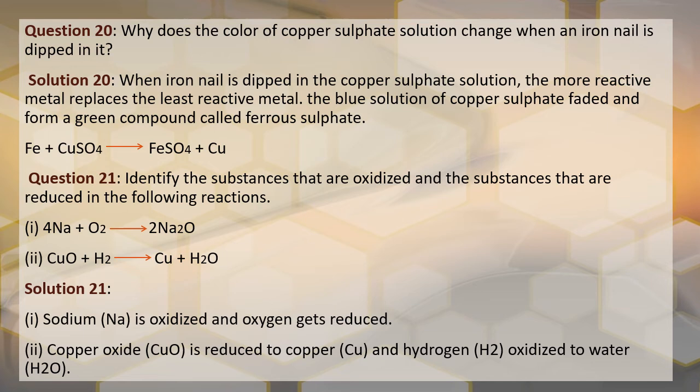That means this is an example for displacement reaction. You can see the equation. Iron plus copper sulfate gives iron sulfate and copper.